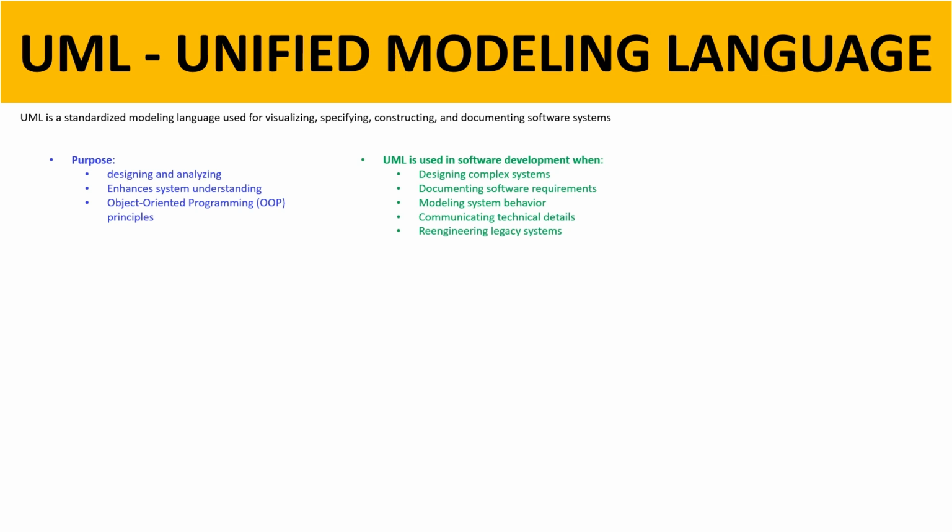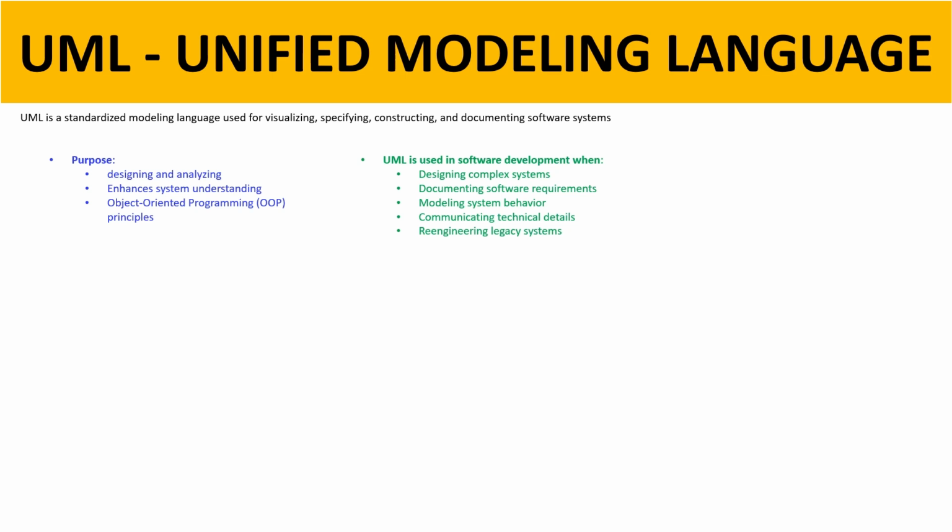Okay, now let's try to understand key features of UML. It is a standardized modeling language which is used globally for software modeling. It supports OOPS, that is object oriented programming concepts like inheritance and polymorphism. It is scalable, which means it works for small application as well as for enterprise level system.